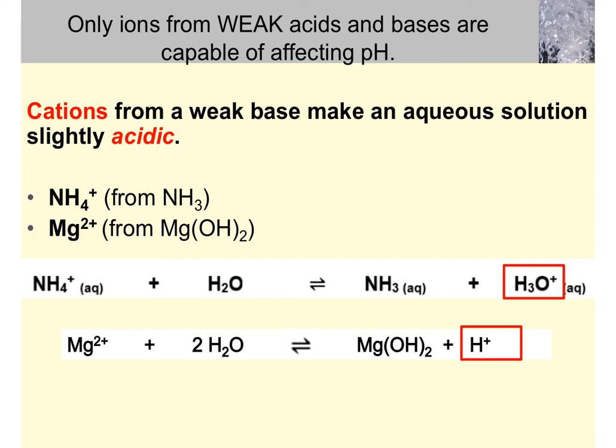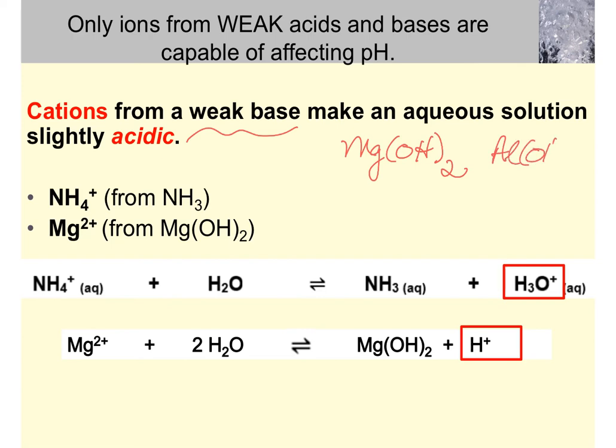Let's look at cations a little more in depth and emphasize the mechanism for them too. What are some cations you might run into that are from weak bases? Most of them that you're going to see are actually going to be metals. Any hydroxide that is not a group 1 or most of group 2 hydroxide will be weak.